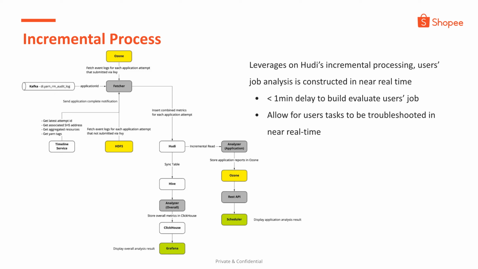Then a processing task incrementally reads these logs and analyzes the optimization items of the task. So when a user job finishes running, the user's job status can be analyzed within 1 minute, and the analysis report can be formed and provided to the user. Next slide.